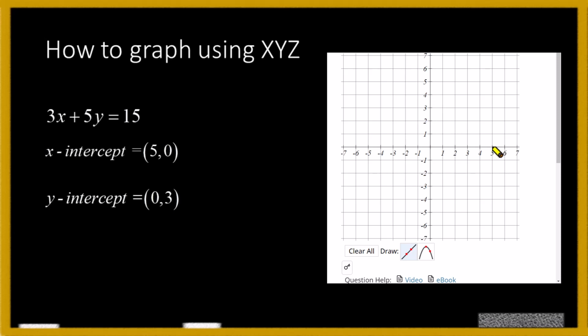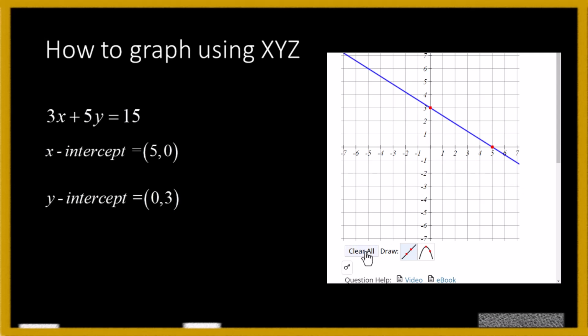You simply click once and the computer registers one point of my straight line. Then as I move, my line will draw, and my y-intercept is (0, 3). I simply line up my second dot with (0, 3), click, and I'm done. I have drawn the line.